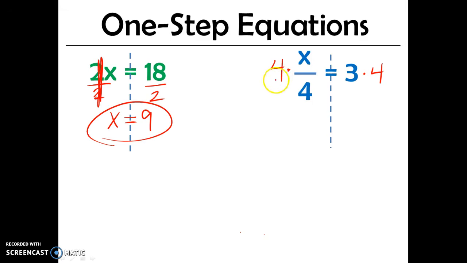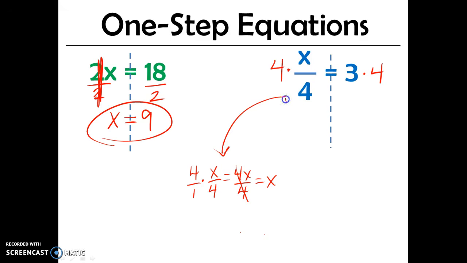Now here, 4 times x divided by 4, a couple different ways you could look at it. Let me draw an arrow over here so you can see. You could look at it like 4 over 1 times x over 4, which would give you, if you multiply across, 4x over 4, which eventually, those 4 over 4 would cancel into 1, equals x. That's one way you could look at it.